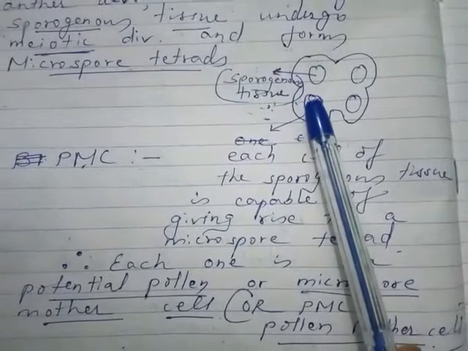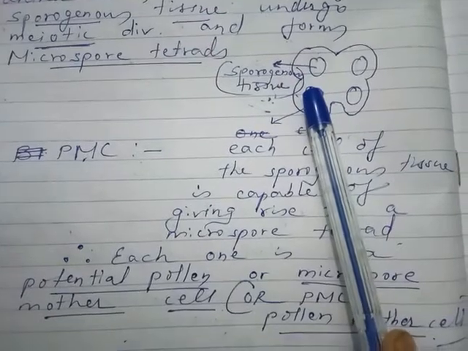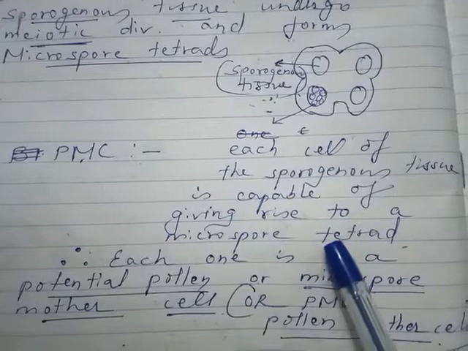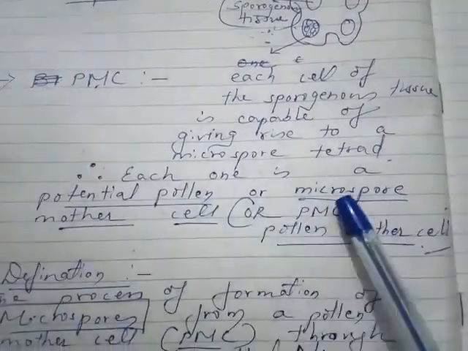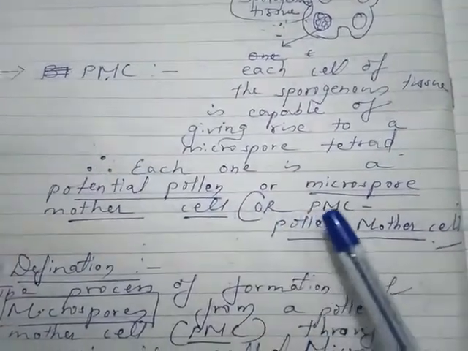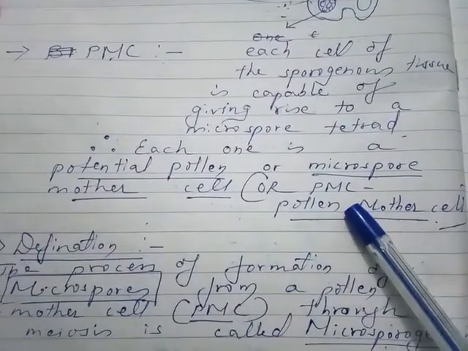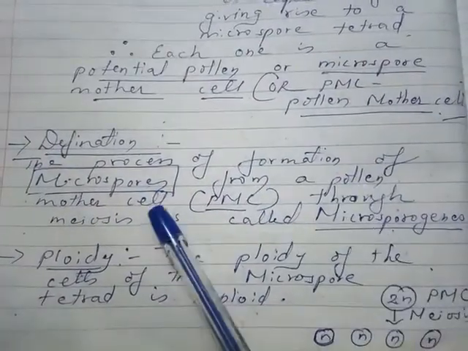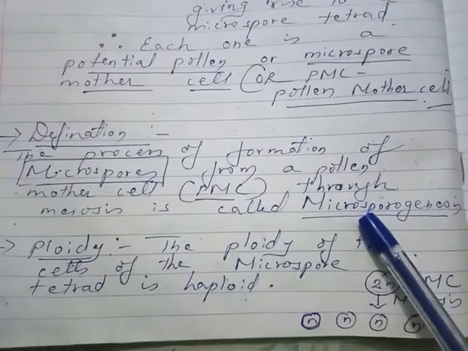These cells are 2n, diploid, so they will undergo meiosis and give rise to the microspore tetrad. Therefore each one is a potential pollen or microspore mother cell. The process of formation of microspores from a pollen mother cell through meiosis is called microsporogenesis.